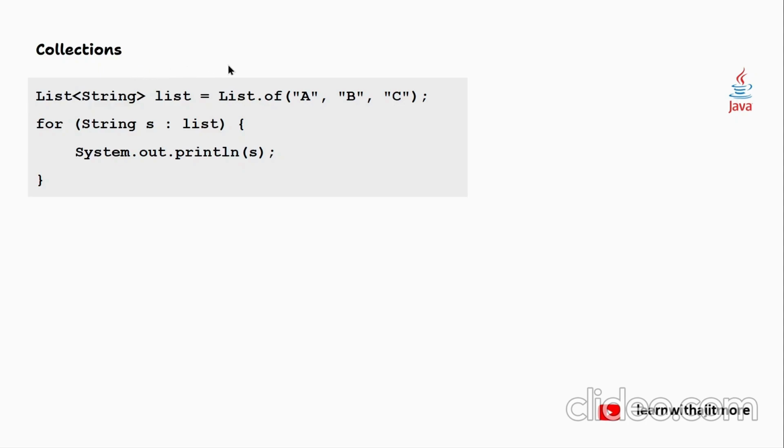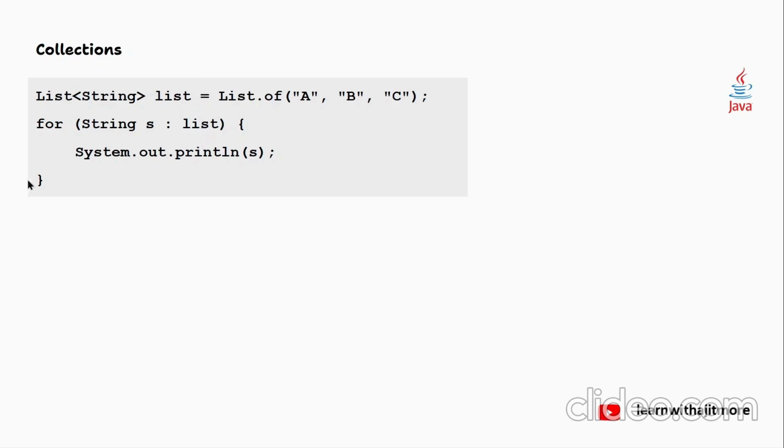Collection is the object in which what is dumped? Objects only. So primitives you cannot give, but if you give primitives like 10, 20, they will get automatically converted to Integer wrapper objects. If I give floats, they will get converted to Float wrapper objects. And then the objects are dumped in it. Okay, so you got a list object in which all these A, B, C are dumped.